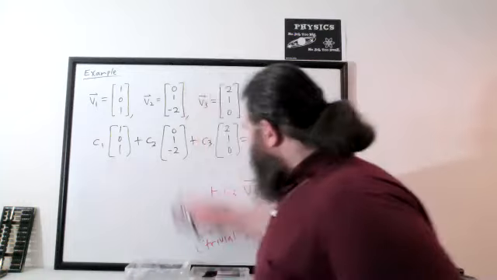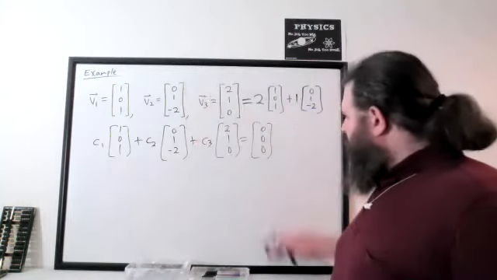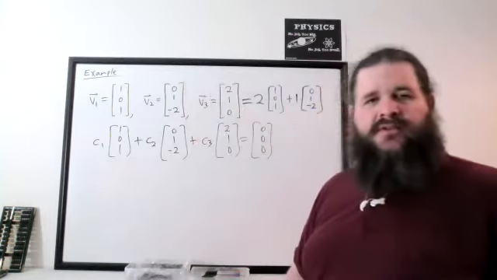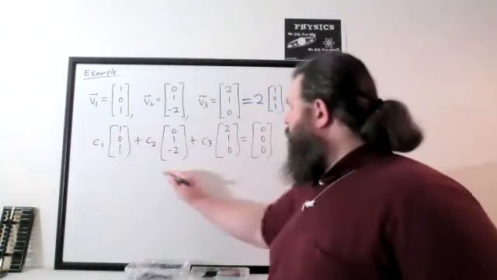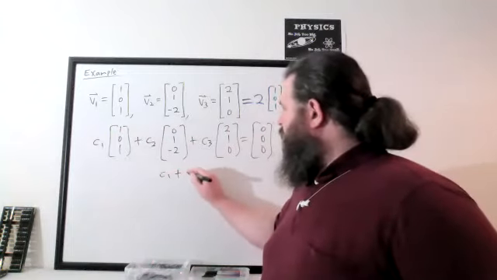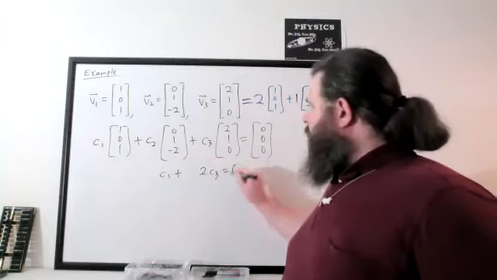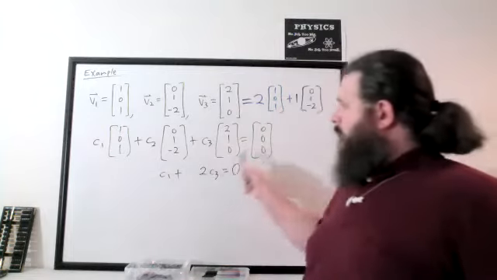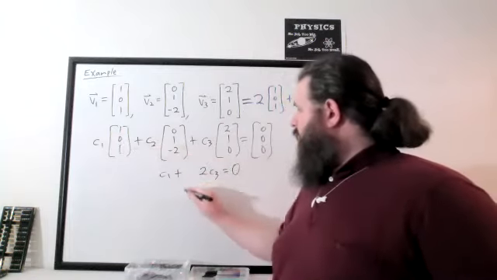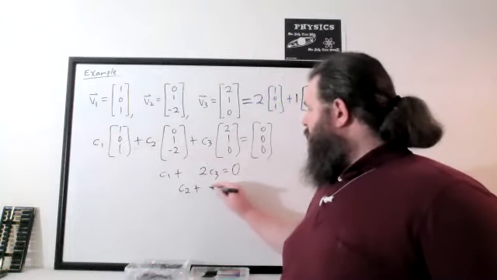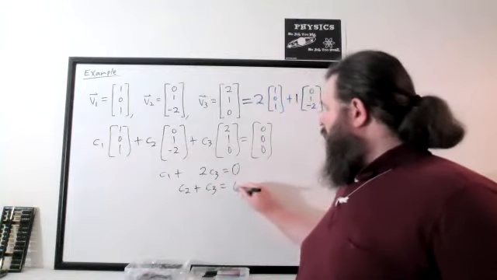So to try solving that, you could write this out as a system of equations. For instance, read across the top row: 1C1 plus 0C2 plus 2C3 equals 0. Read across the middle row: 0C1 plus 1C2 plus 1C3 equals 0.